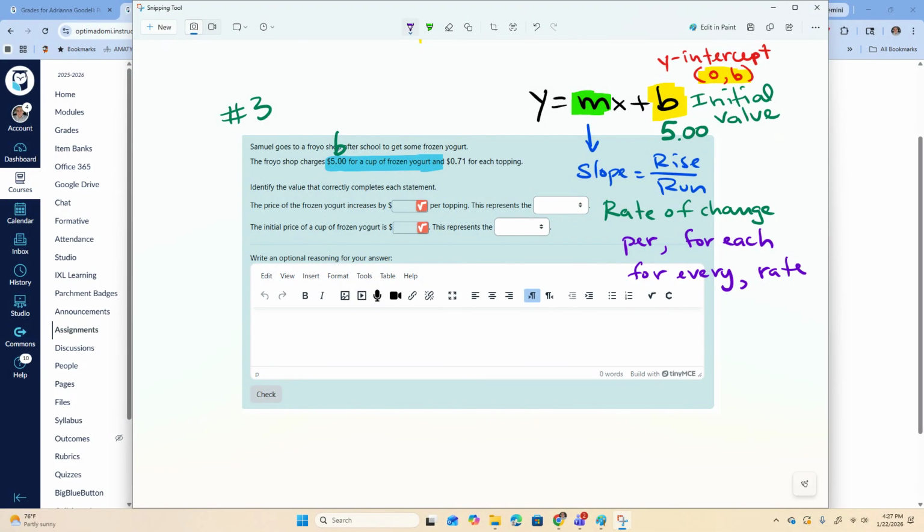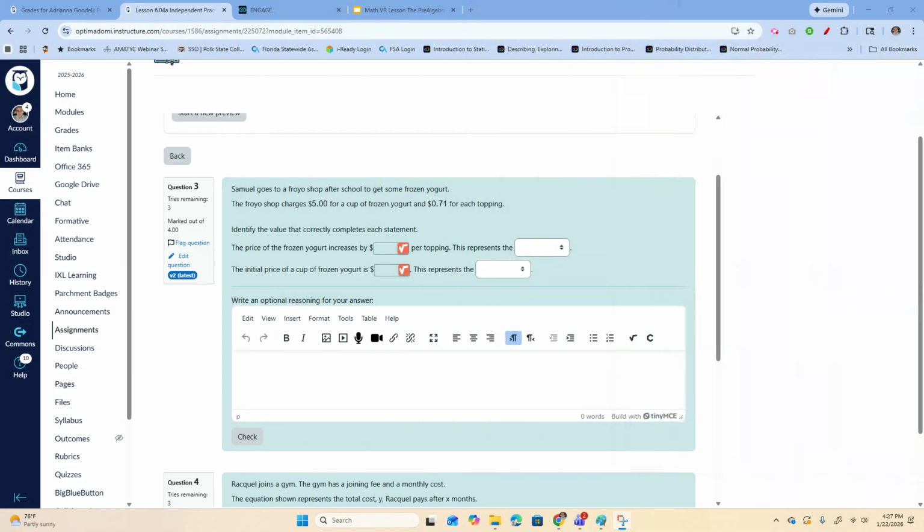And if you look, here's the keyword, for each. So that means that 0.71 is going to be my slope. And that basically means that for every extra topping, you're going to be charged 71 cents. And that's what I'm going to put here.